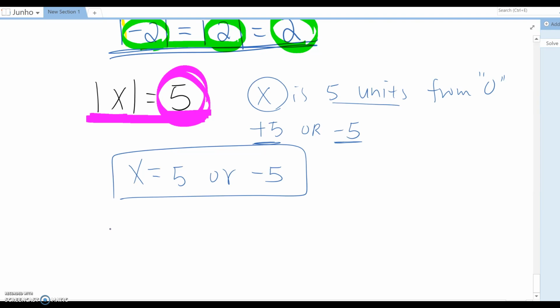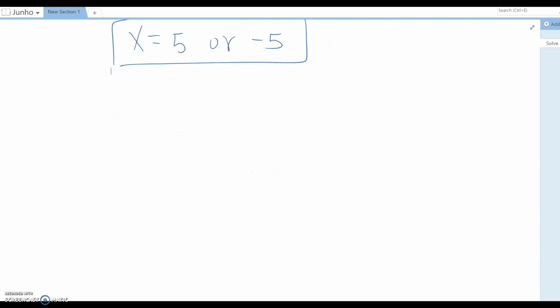Okay? Now, the second question here, absolute y equal to negative 6. What does this mean? So, any y value which is negative 6 units from the 0. So right before, we just confirmed that distance cannot be a negative value.